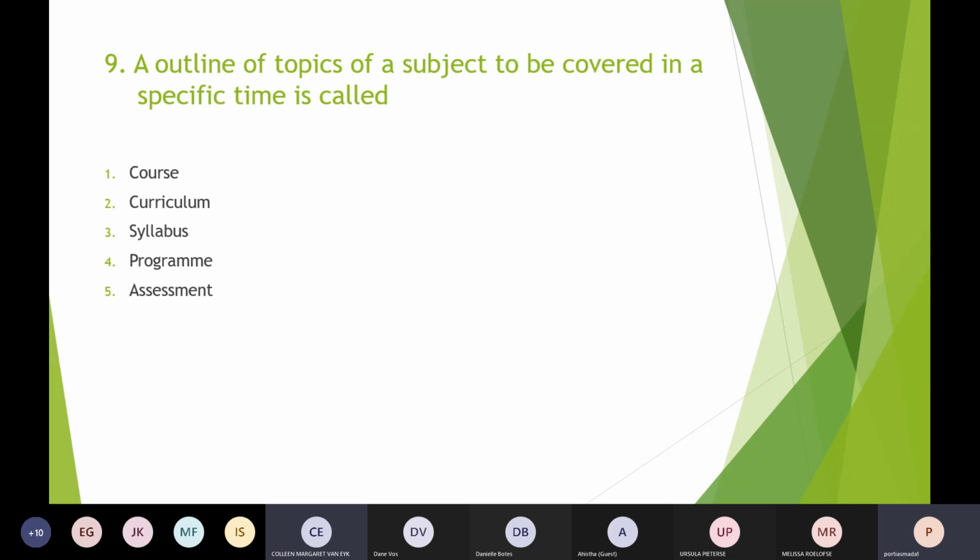Syllabus is the planning that the teacher does, whereas the topics are given in the CAPS document, which is the curriculum. Yes. All right. Thank you. Melandri, what do you think?